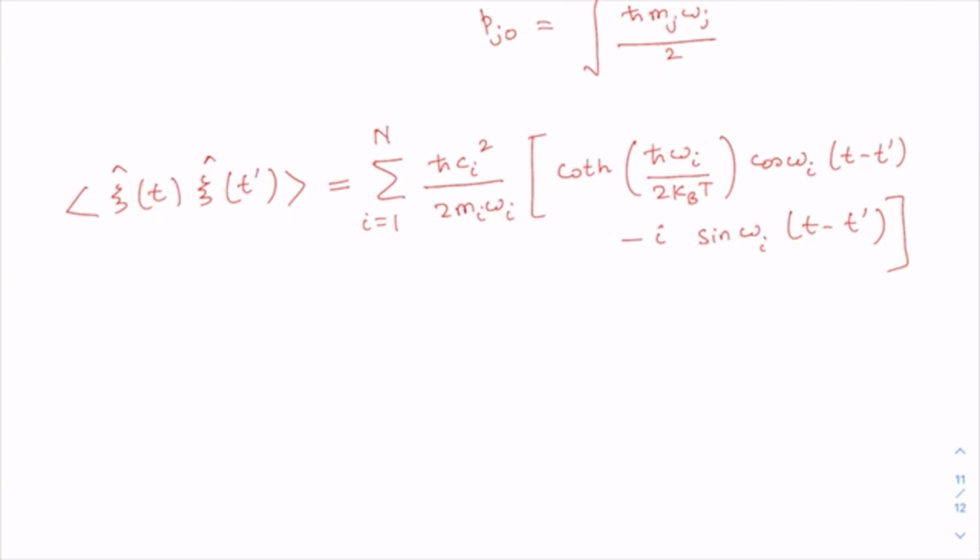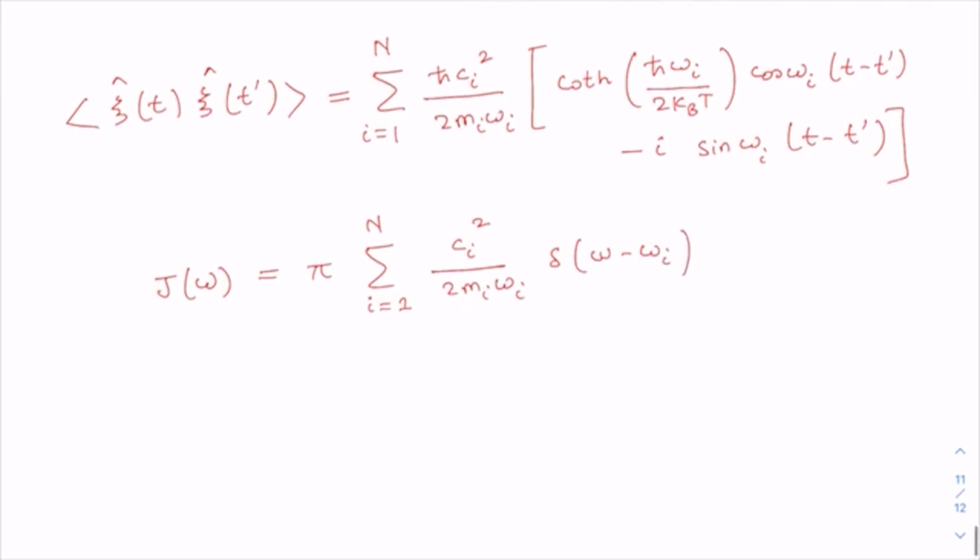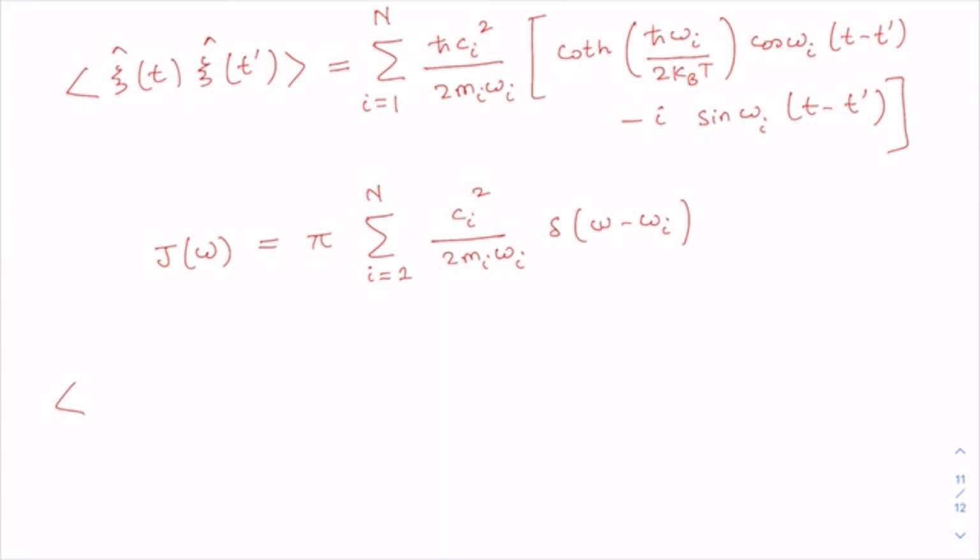Again, as in the classical case, we can define the so-called spectral density function J(omega), and exactly in a similar way it is pi times the summation over all the oscillators of ci squared divided by twice mi omega_i, delta(omega minus omega_i). Now we can rewrite the autocorrelation function for the Langevin noise xi(t) xi(t') in terms of the spectral density function.